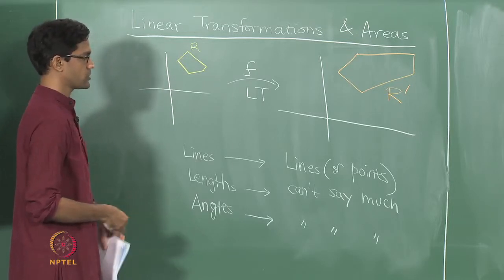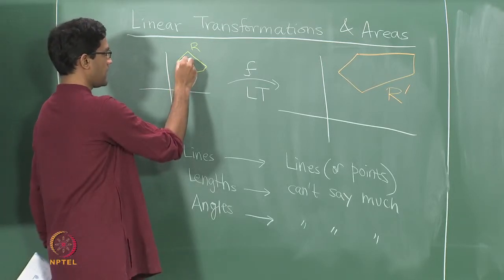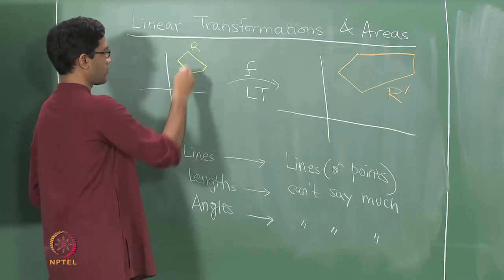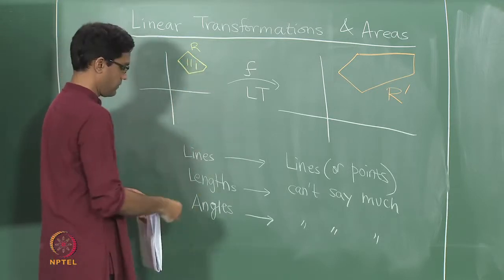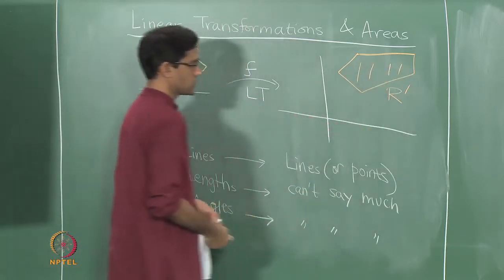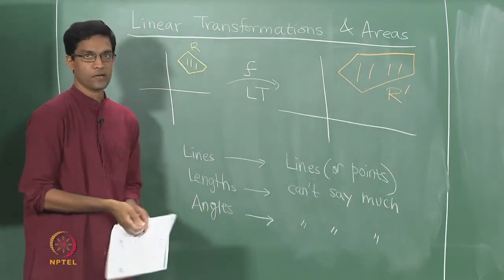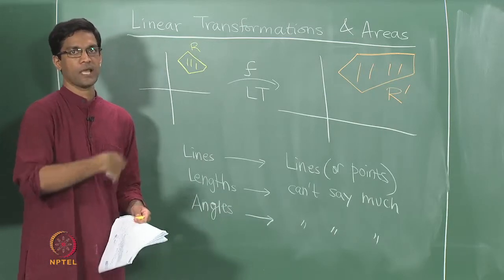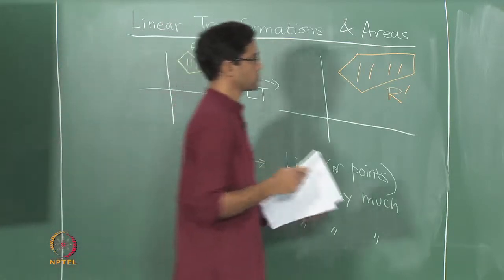So now here is the question. I want to compare the area that is enclosed by the region R with the area that is enclosed by the region R dash. This is the typical thing that we had looked at earlier. By what factor does the area increase or decrease? So here is the question.